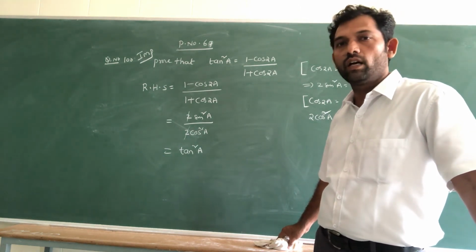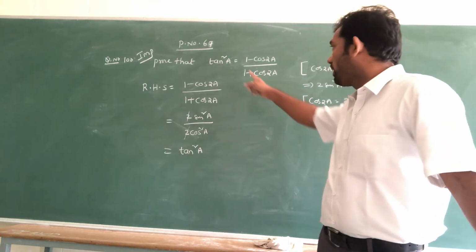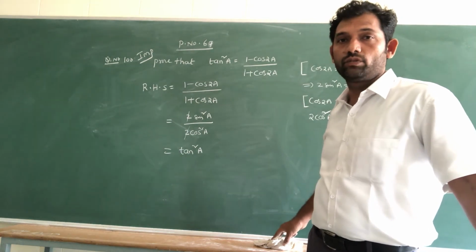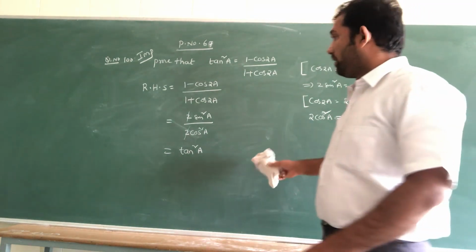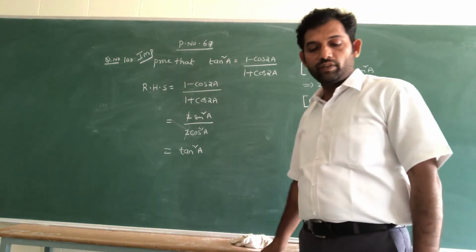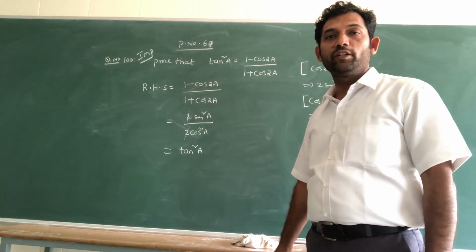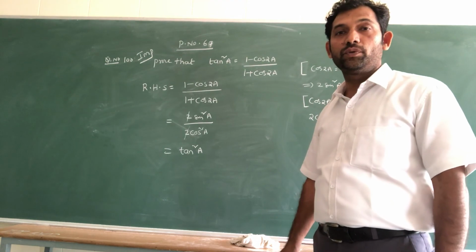Obviously all values are simplified using the formulas. Now, using these formulas we can simplify sin 22.5 degrees, cos 22.5 degrees and tan 22.5 degrees.